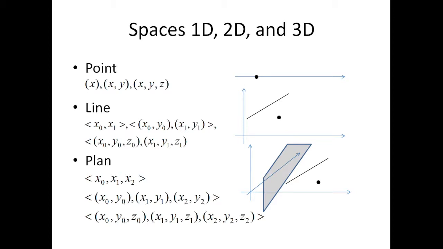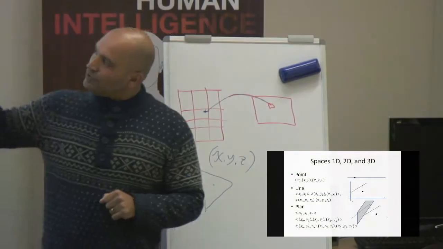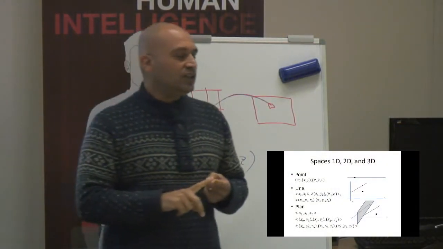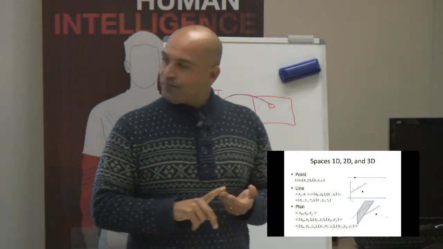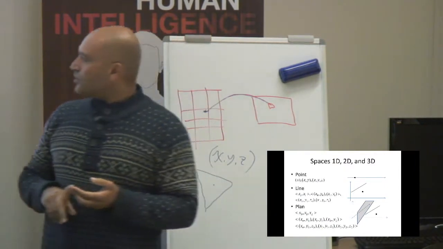So this is a representation of a point and a line in 1D, 2D, and 3D. The same thing applies to the plane.